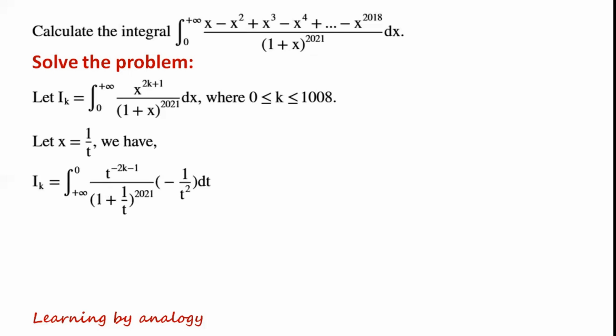Let x equal 1 over t. We have IK equals the integral over the interval from positive infinity to 0 of t to the power of minus 2k minus 1 over 1 plus 1 over t, all to the power of 2021 times minus 1 over t squared with respect to t.